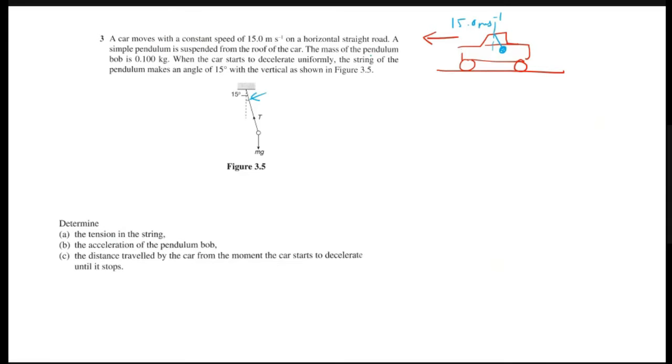Again, the car moves with a constant speed of 15.0 meters per second on the straight road. A simple pendulum is suspended from the roof of the car. The mass of the pendulum bob is 0.100 kilogram, three significant figures.